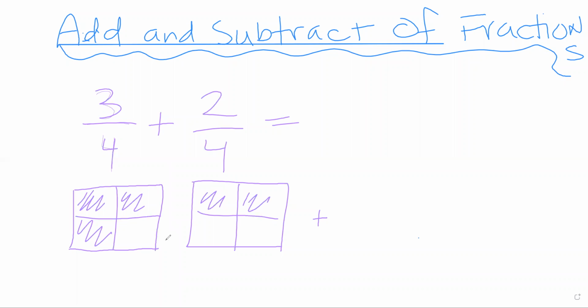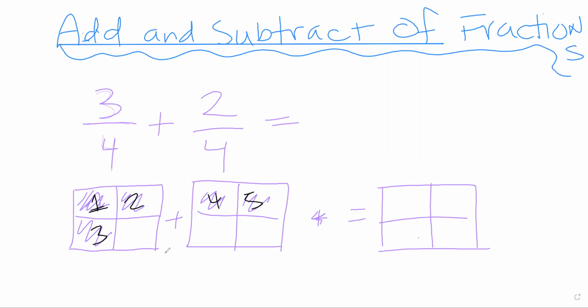If we added those together, we would have 1, 2, 3, 4, 5 pieces. 1, 2, 3, 4, that's not enough.